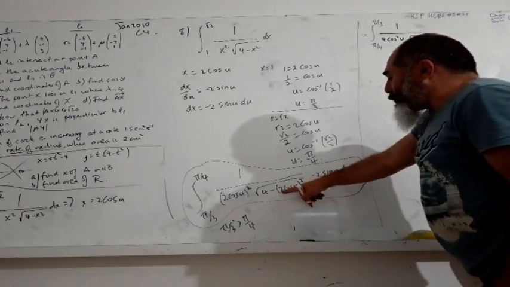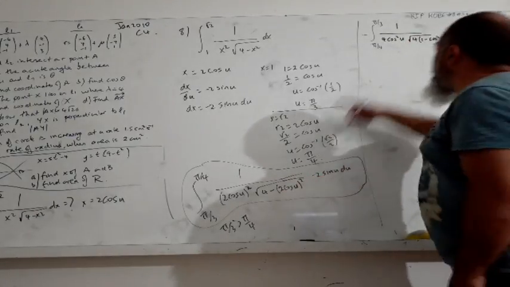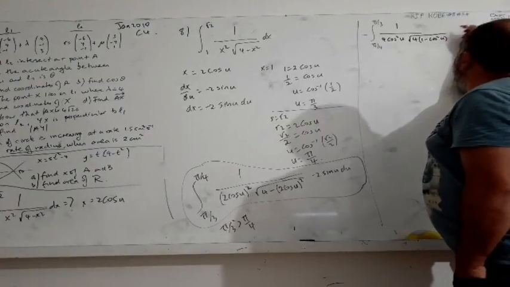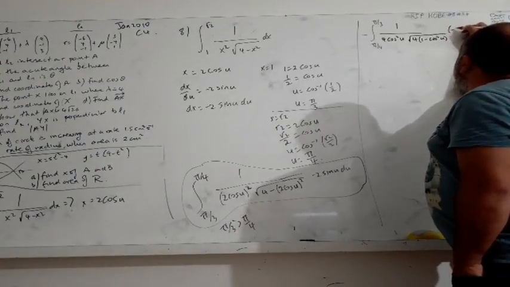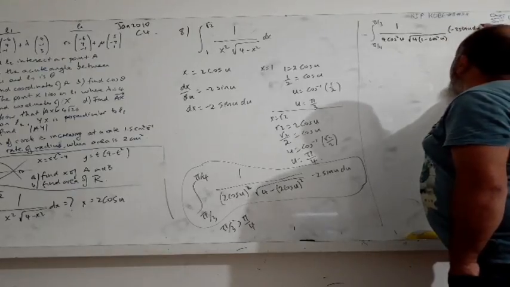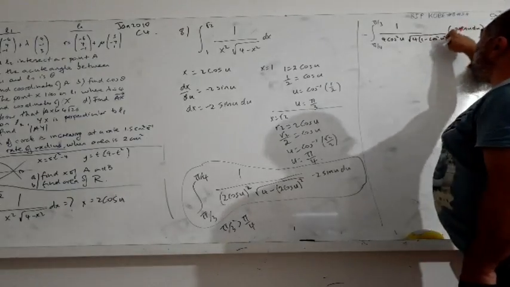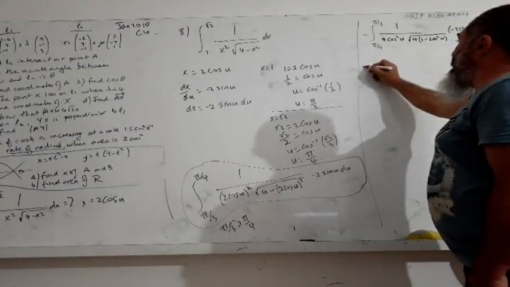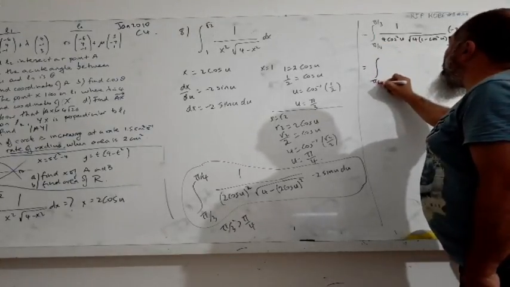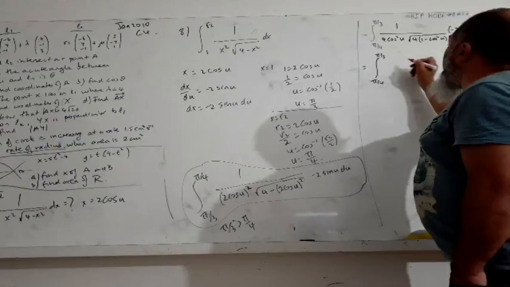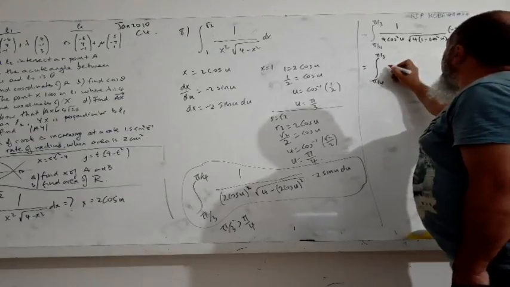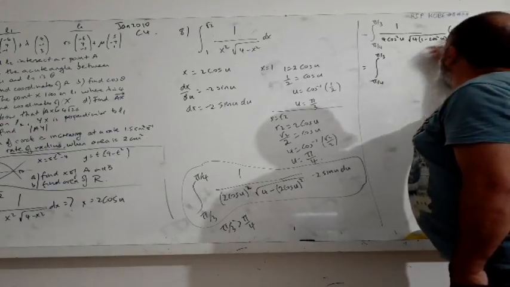I took 4 outside. And we have negative 2 sine u du there. Negative makes plus. So from pi over 4 to pi over 3, we have 2 sine u there.